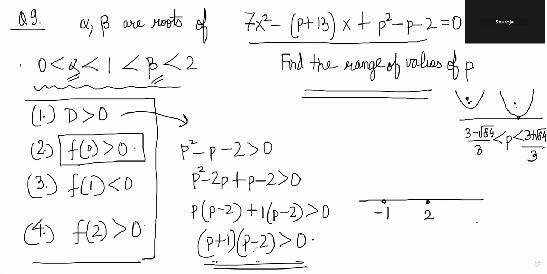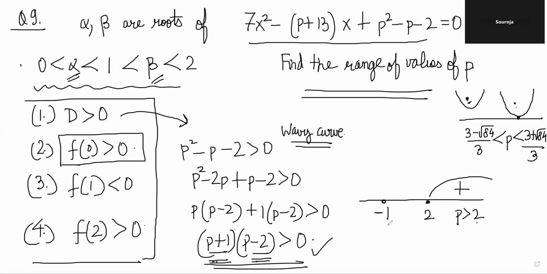So the answer is when p is bigger than 2, both factors are positive, right? This is called the wavy curve method. I hope you have seen it before. When both the factors are positive, the inequality will be satisfied. So that will happen when p is greater than 2.